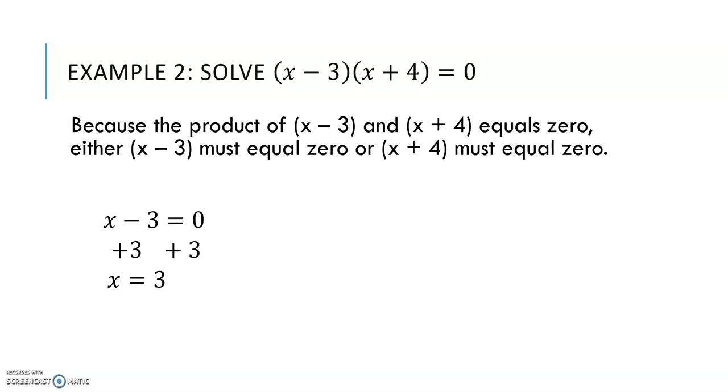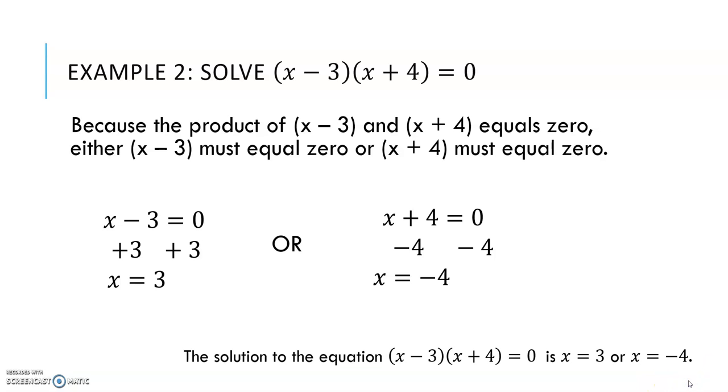Add 3 to both sides, x equals 3. Or x plus 4 equals 0. Subtract 4 from both sides of the equation, and x equals negative 4. The solution to the equation x minus 3 times x plus 4 equals 0 is x equals 3 or x equals negative 4.